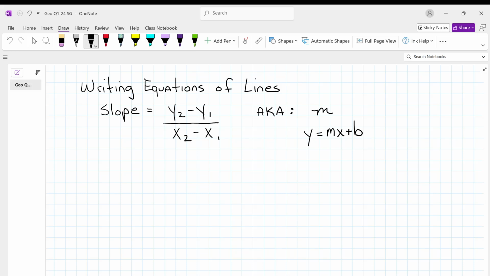Okay? So the first part of your assignment today, you're going to be asked to find the slope through each pair of points.